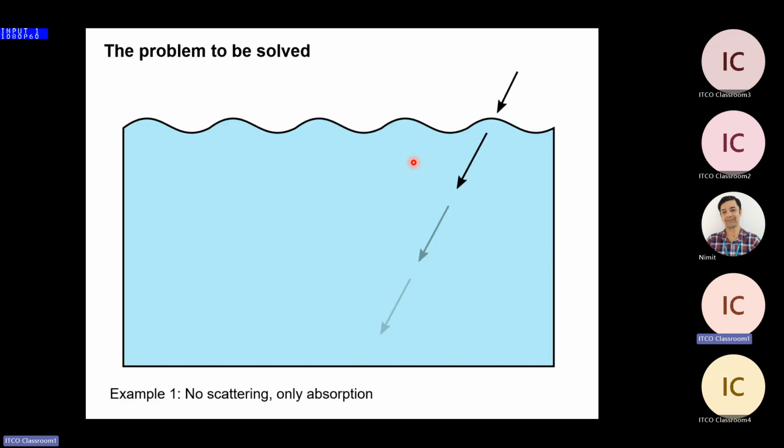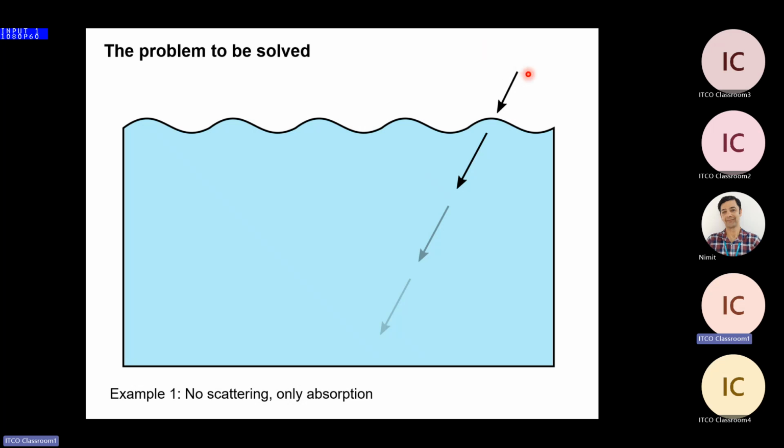Okay, so let's gain an intuitive understanding of the problem to be solved. In the first instance, let's imagine there is no scattering, only absorption, and the light comes into the ocean like this. What color will the ocean be? It's the test question. Black, exactly. If there's no scattering, the light will come in.